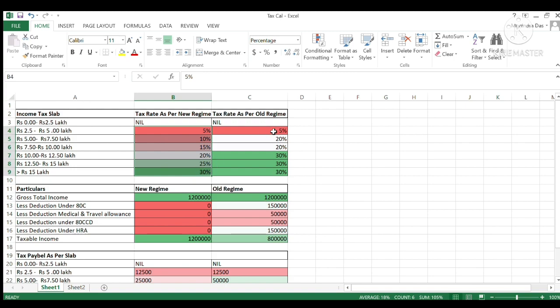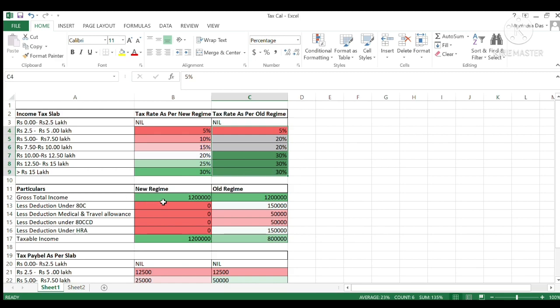Whereas for the old tax regime there are only 3 tax slabs available, which are 5%, 20% and 30%. Now you might be thinking that the new tax regime is beneficial for you because there are so many tax slabs. We will calculate and see which is beneficial for you. But let us understand that for the old tax regime, you can claim all the deductions and exemptions. But if you opt for the new tax regime, you cannot claim any deductions and exemptions, right? So let's take an example.